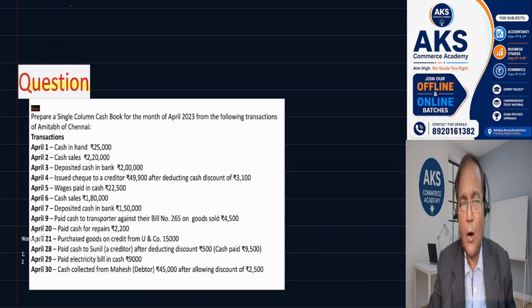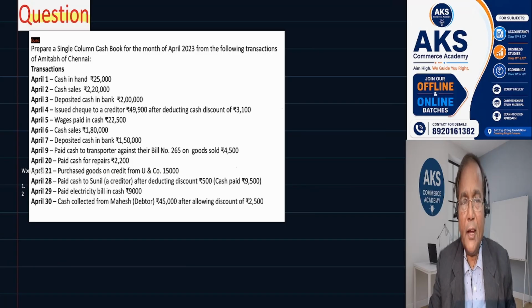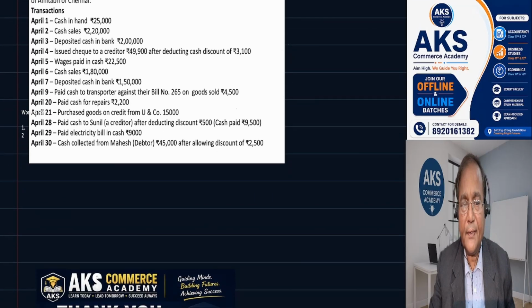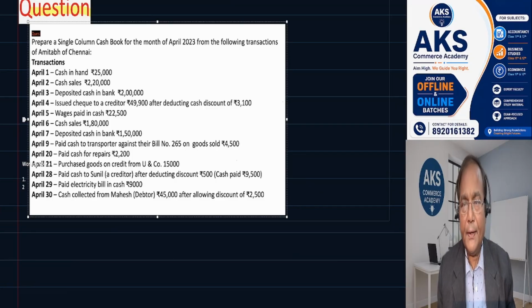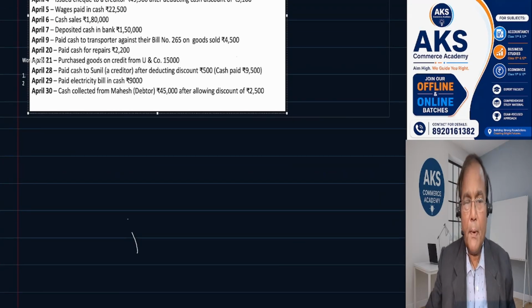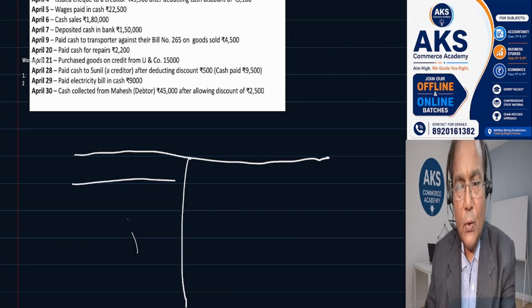Let us now understand a bit on questions. Prepare a single column cash book for the month of April from the following transactions. Now, cash in hand: how are we going to enter this in our cash book? Let us see. We'll prepare one cash book here, single column, the same format which I told you a while ago.